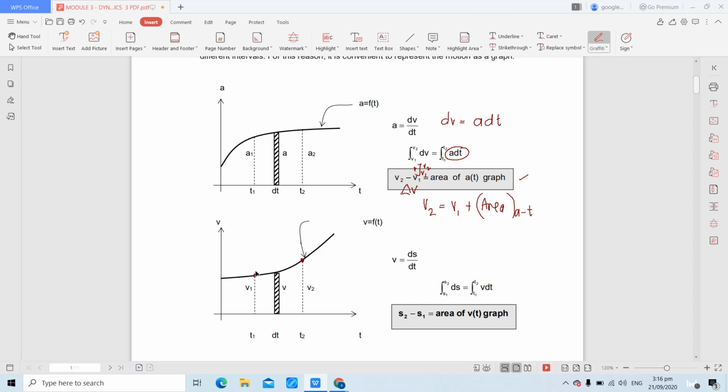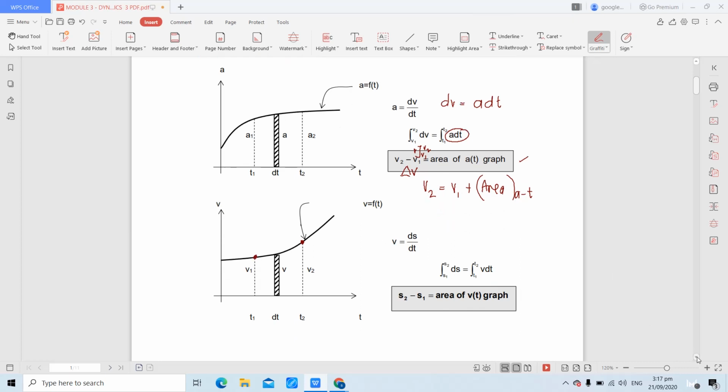Ito daw si v1, tapos ipa-plus natin yung area dito, nandun na tayo kay v2. Looks familiar, di ba? Yung process. Dahil yung process na yun, ginawa nyo na rin or ginamit nyo na rin sa mechanics of deformable bodies under the topic of shear and moment diagram. So dito, nag-iba lang yung mga variables na ginagamit natin. Okay, so that will be our first formula.